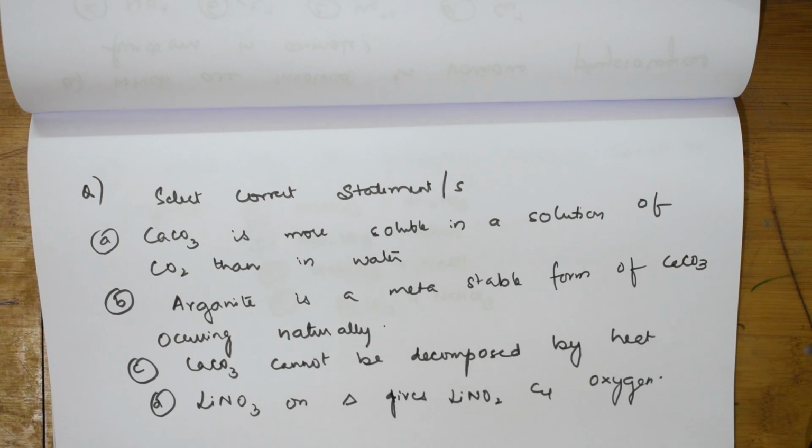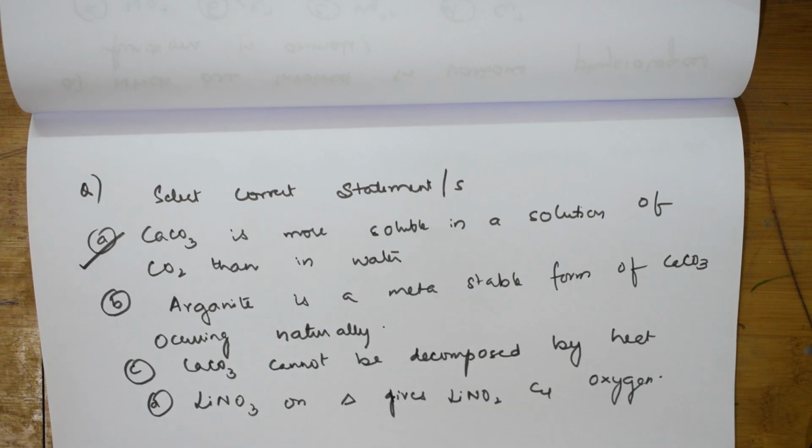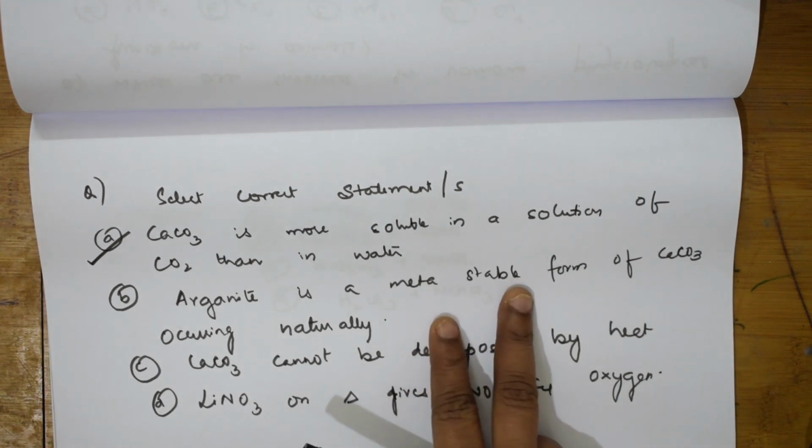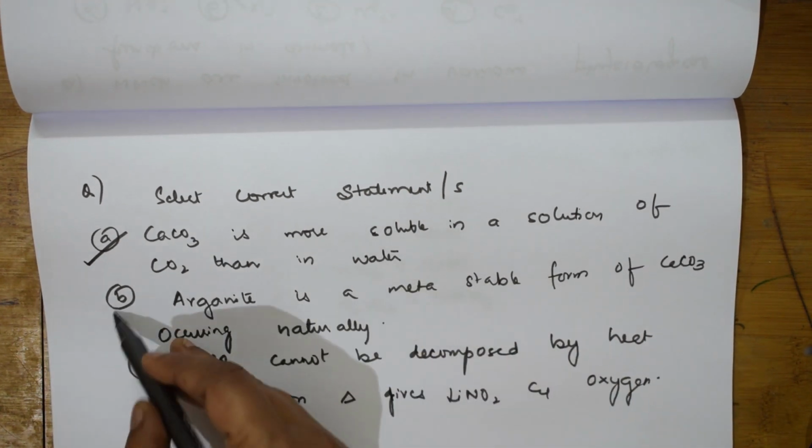I need to find the correct statements. Basically calcium carbonate is more soluble in a solution of carbon dioxide than in water. It's a 100% correct option, isn't it? Yes. Next, aragonite is a metastable form. What is aragonite? Aragonite is a mineral consisting of calcium carbonate. So it is a metastable form of calcium carbonate. Yes, it is right.